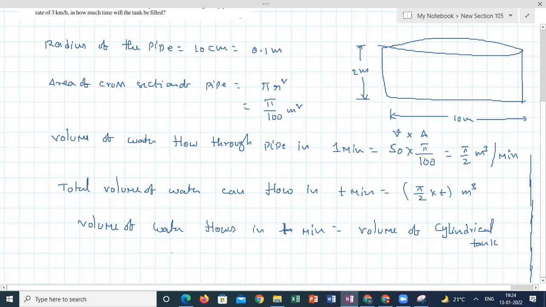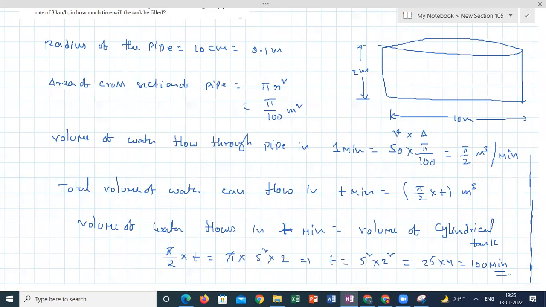Pi by 2 into t is equal to pi r square h, radius of the cylinder squared into height of the cylinder. Radius is 5, height is 2. Pi cancels, so t is 5 squared into 2 into 2, which is 25 into 4. It is taking 100 minutes. So it will take 100 minutes to fill the cylindrical tank with that speed using that pipe.